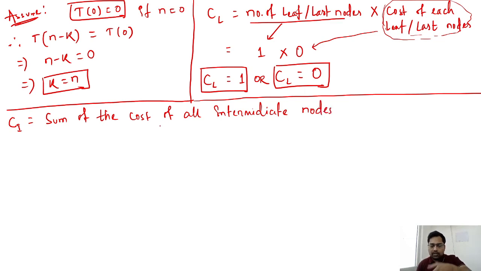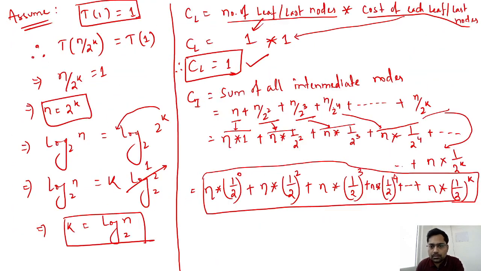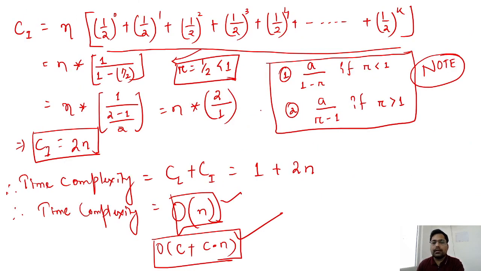We are adding the cost of all intermediate nodes.